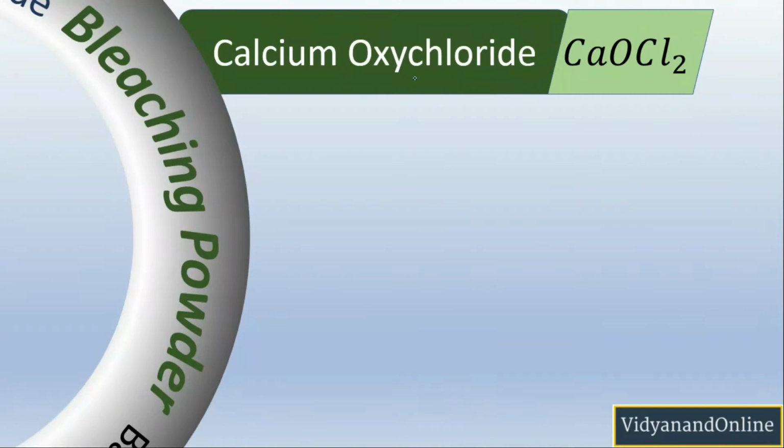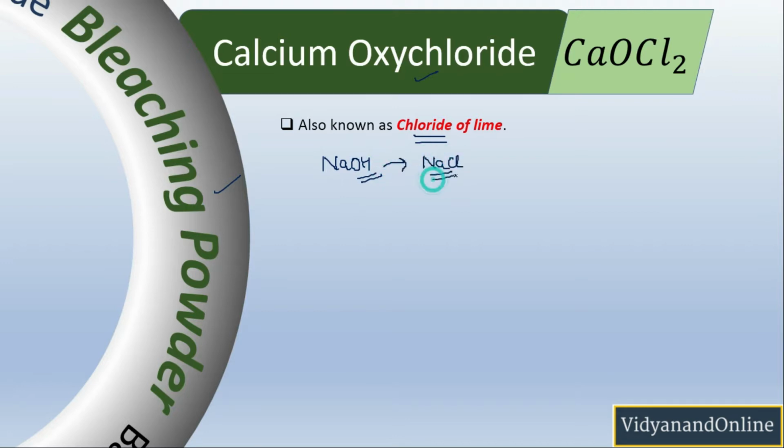Calcium oxychloride is actually the chemical name for bleaching powder, and it is also called chloride of lime. In the last session we studied sodium hydroxide, caustic soda, which was prepared from NaCl, common salt. Now this bleaching powder is also prepared from NaCl, but indirectly.